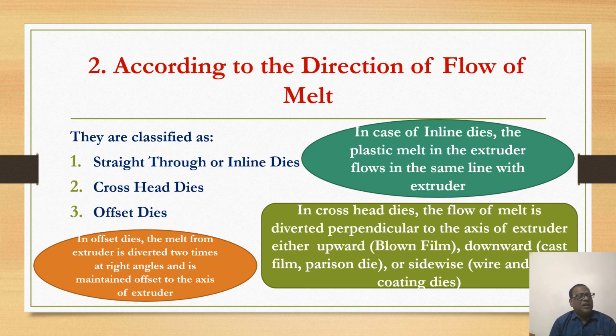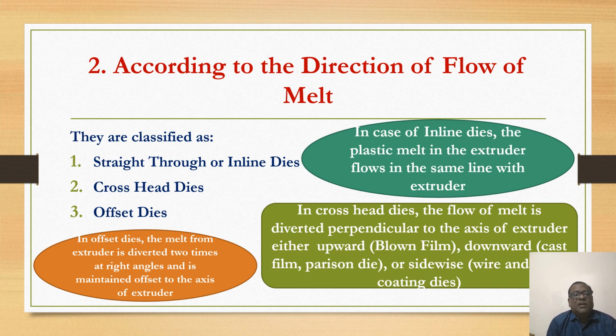It may flow upward, downward, or sidewise at 90 degrees. As I told, in my future videos we'll go through the individual types of dies. When we go for blown film dies, they come under this category.